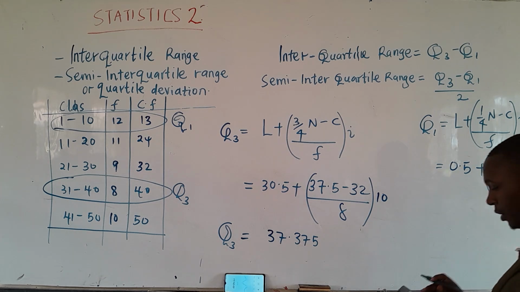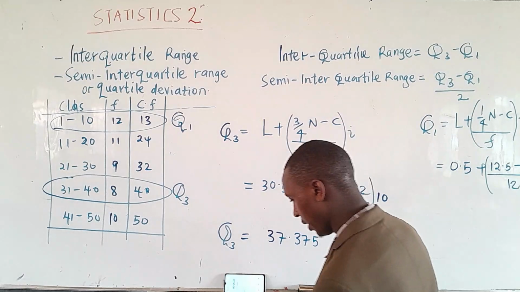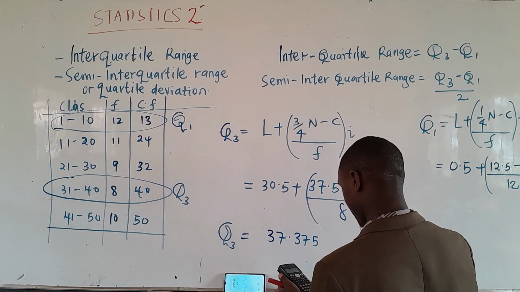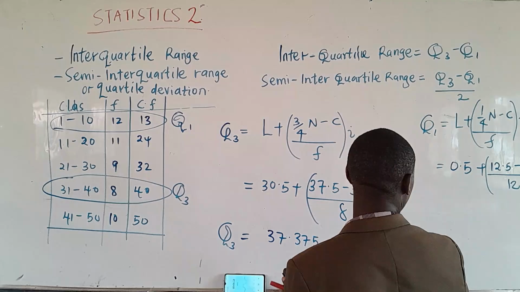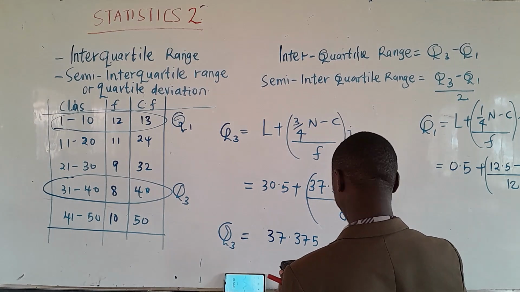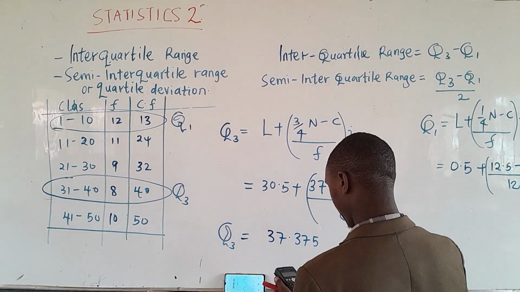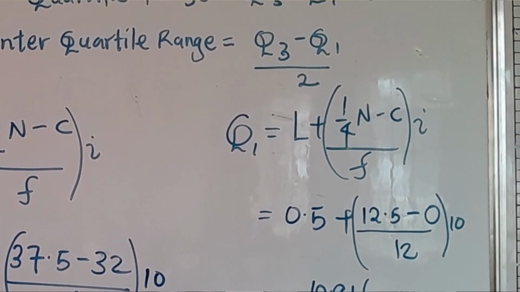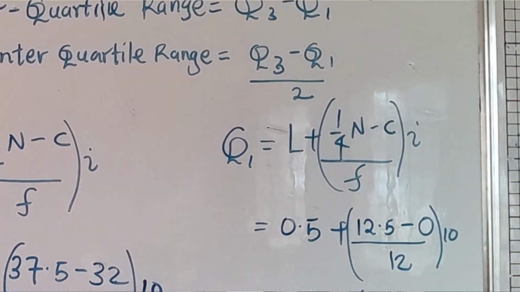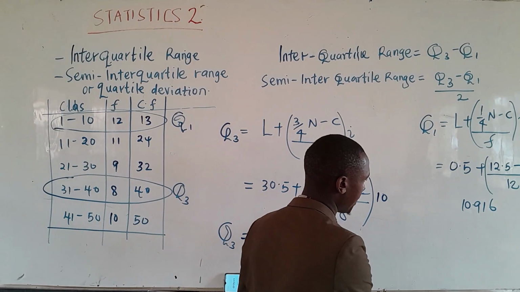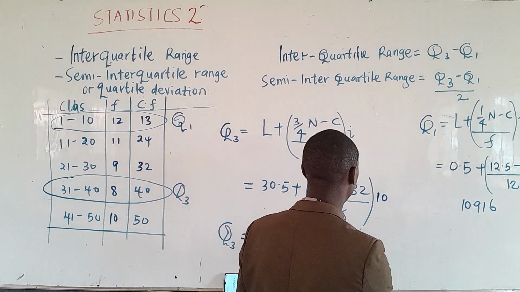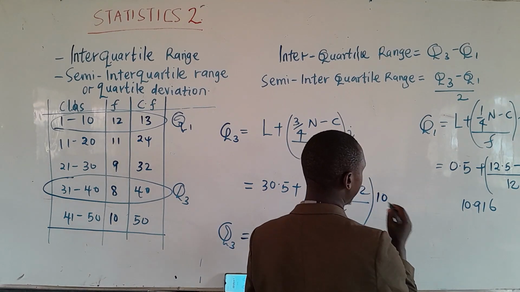Doing that very fast, 12.5 divided by 12, multiplied by 10, plus 0.5, we get 10.916. Now with this, we work out the interquartile range.